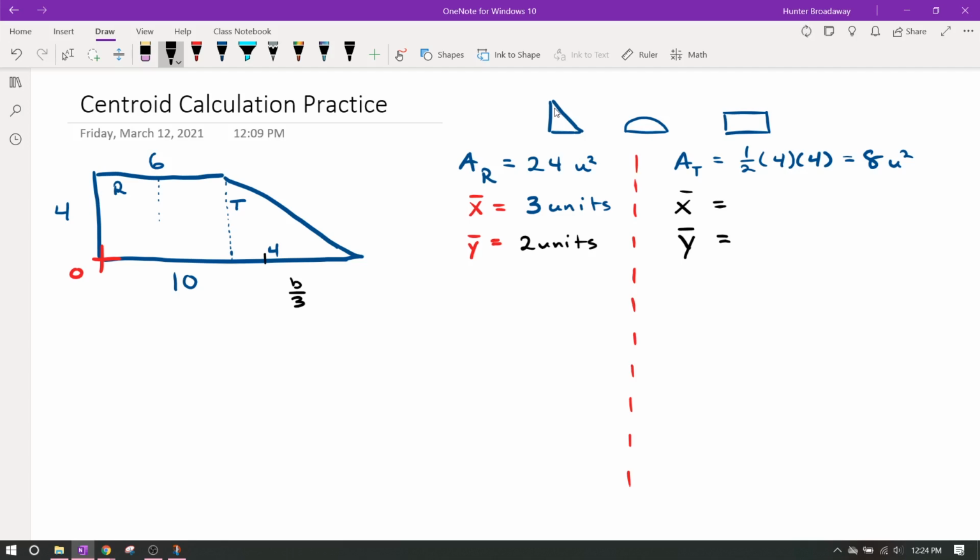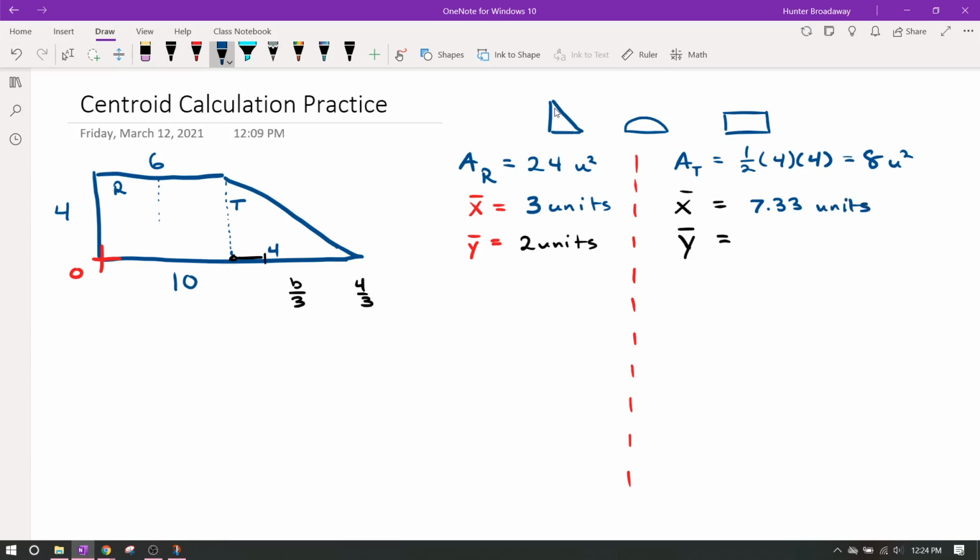So b divided by 3 is 4/3, but I can't just write that, because this is not the reference point that we made for the big, complicated shape. So we're going to have to add 6 to this. 4/3 is 1.33. So we're going to add 6 to that, so that's going to have an x bar of 7.33 units.